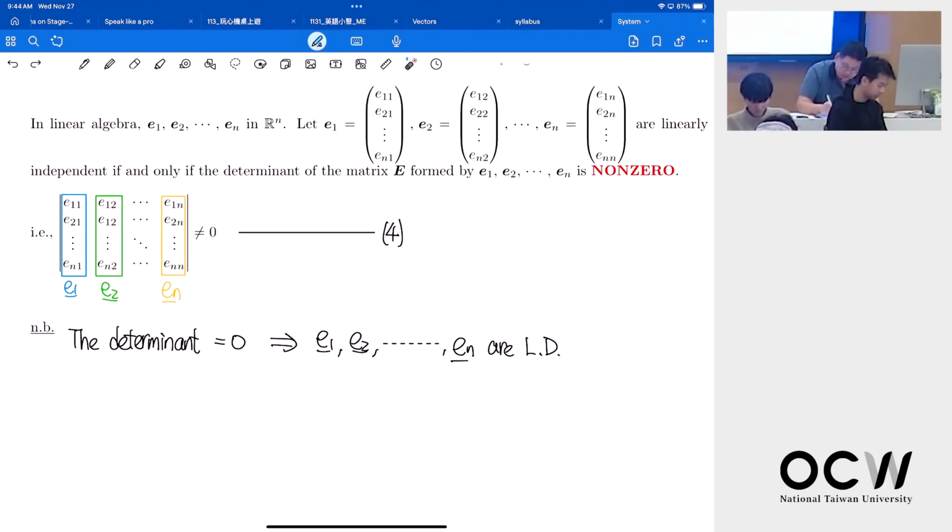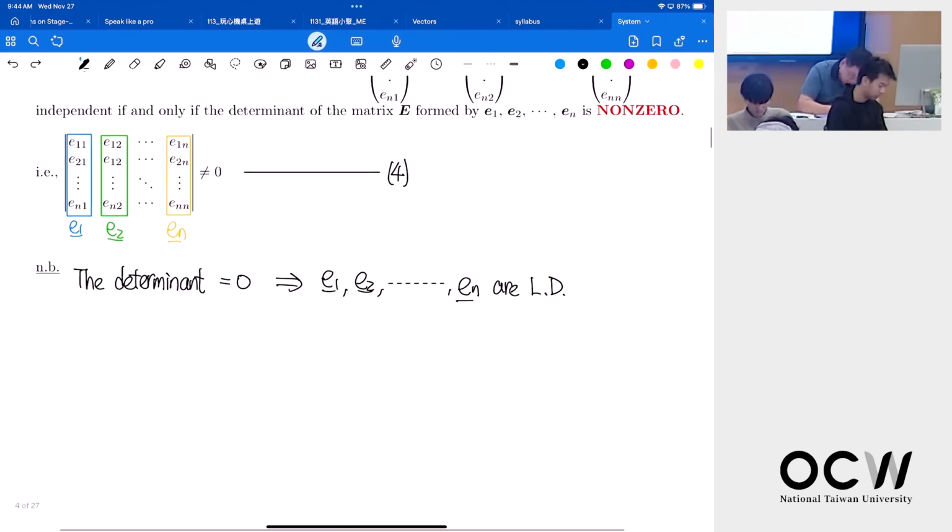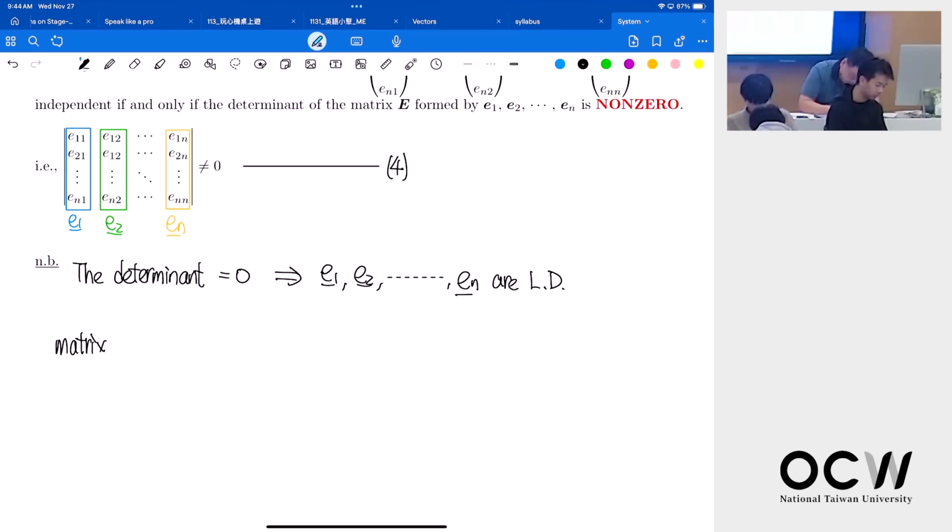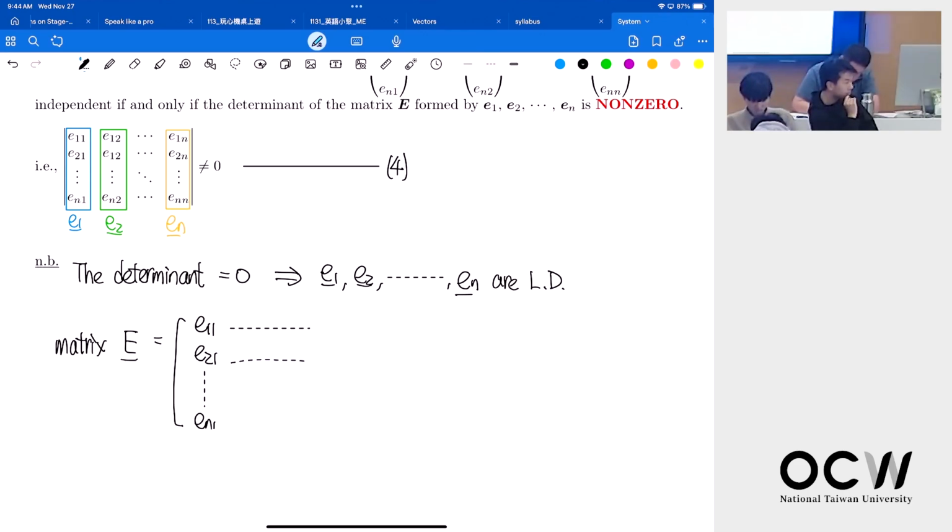And for this matrix E, we can also write it out: E11, E21 to En1, to the end, here's E1n, E2n to Enn. This is your matrix E.